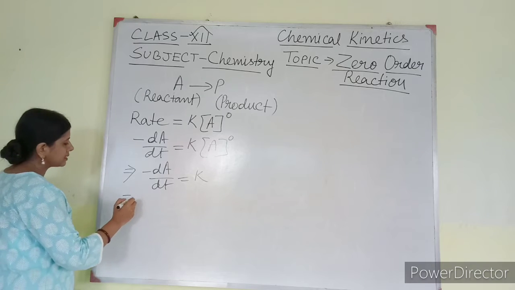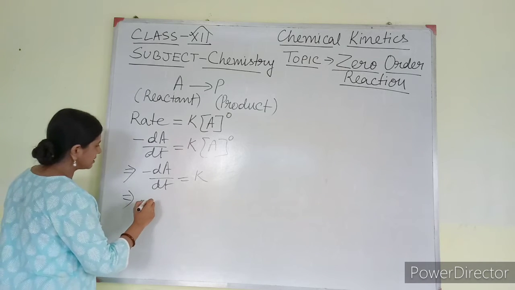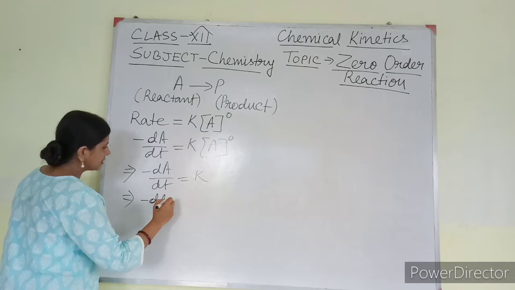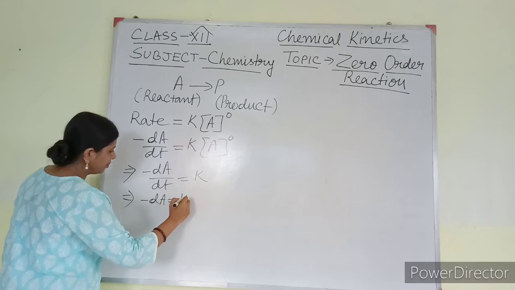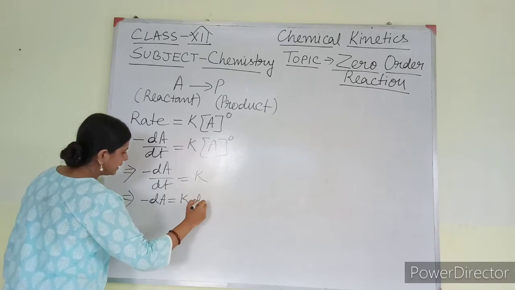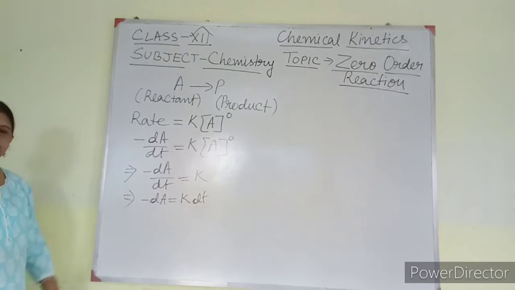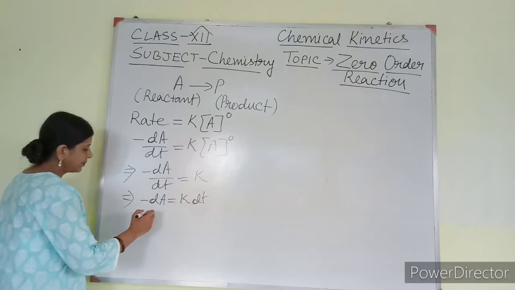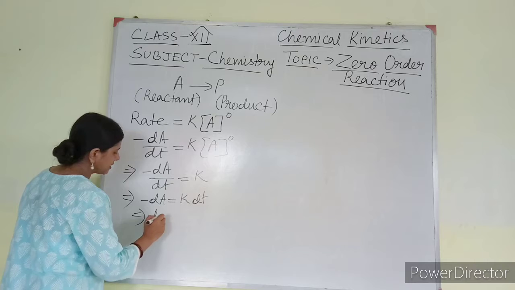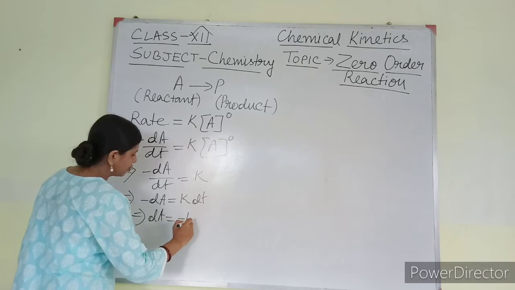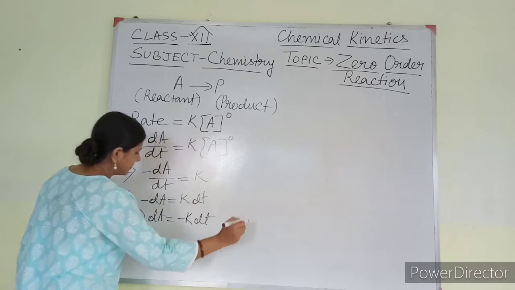Now this can be written as minus d[A] equal to k dt, or d[A] equal to minus k dt.